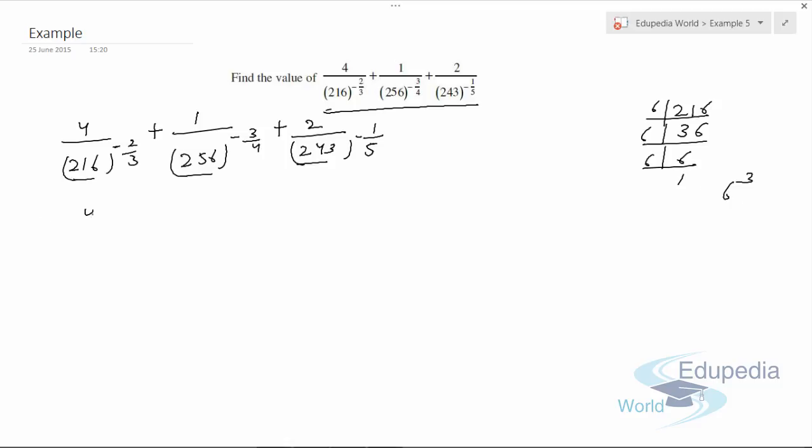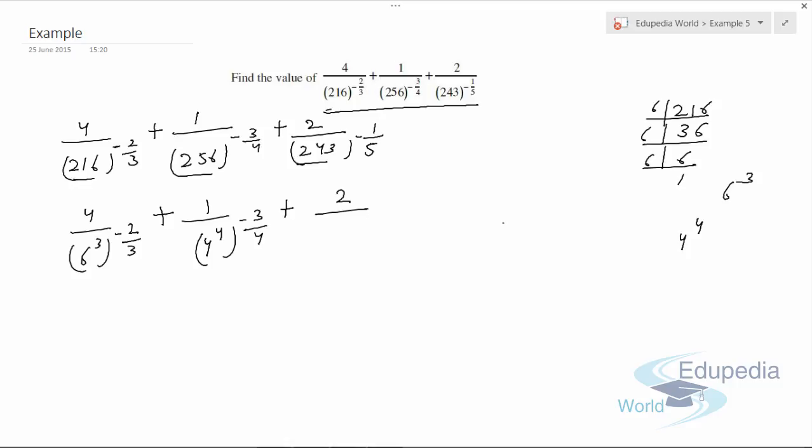So it can be written as 4 upon (6 raised to power 3) whole power minus 2 by 3 plus 1 upon, now 256 we have done already. 256 can be written as 4 raised to power 4. So it will be written as (4 raised to power 4) raised to power minus 3 by 4 plus 2 upon 243.